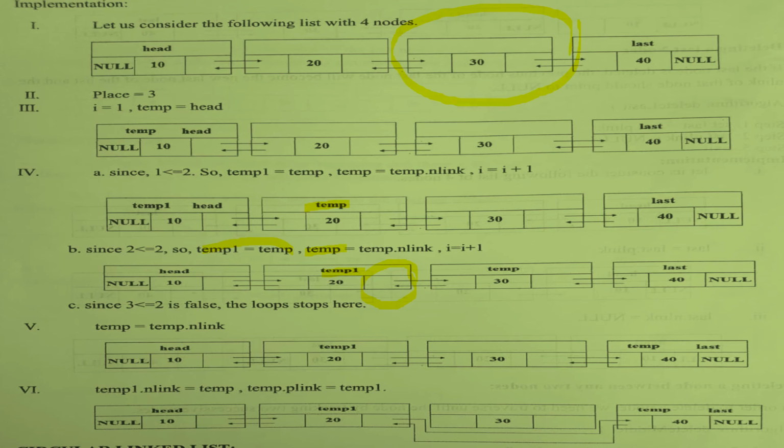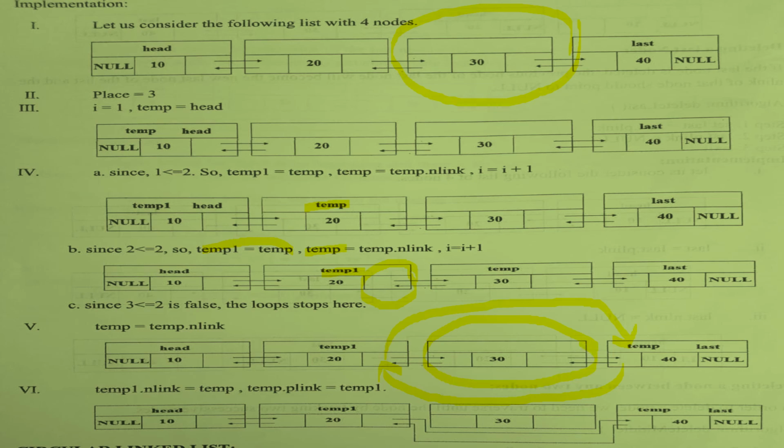So temp changes to the next element. If I insert the address of this temp in this temp1, and the address of this temp in this temp1, then automatically this element is deleted from the double linked list.